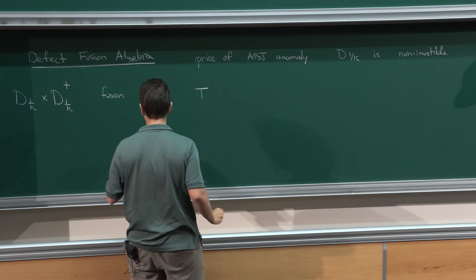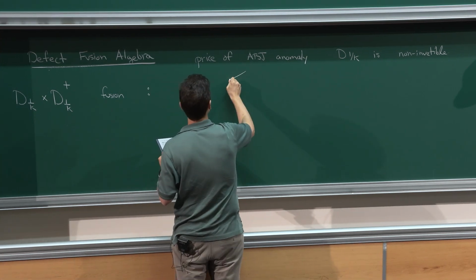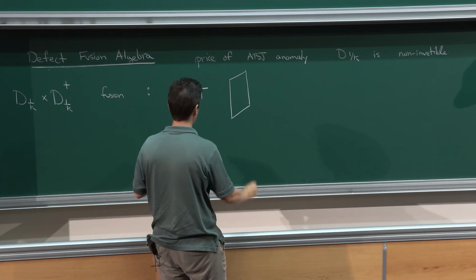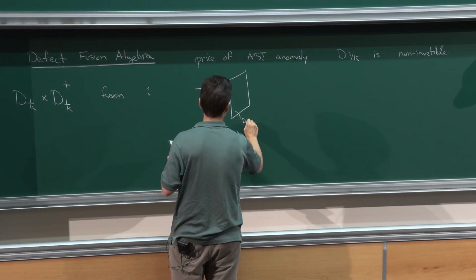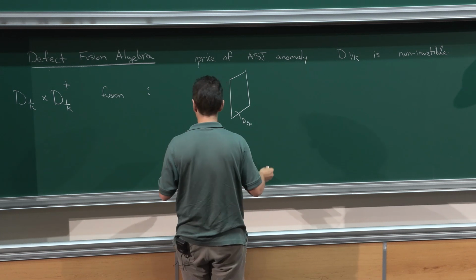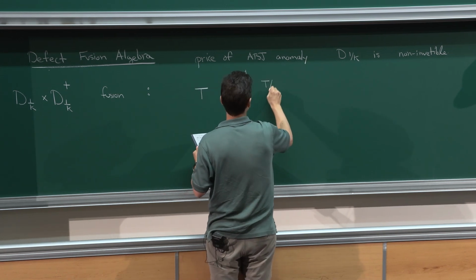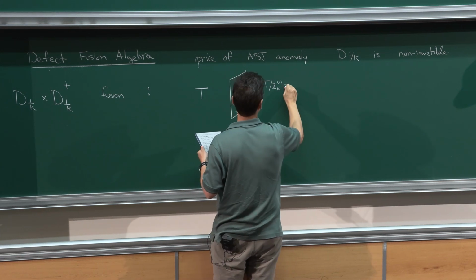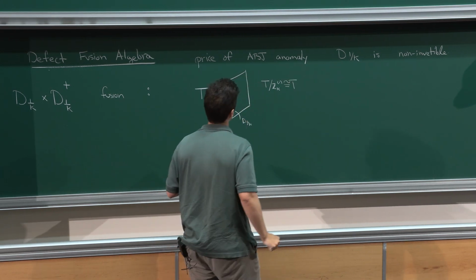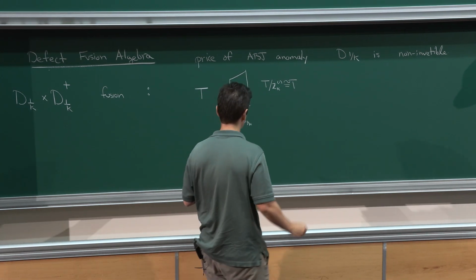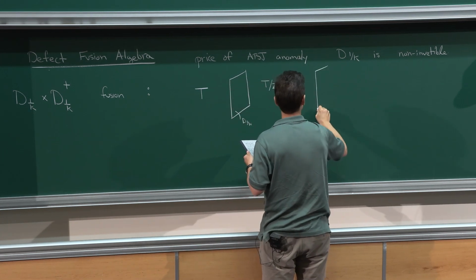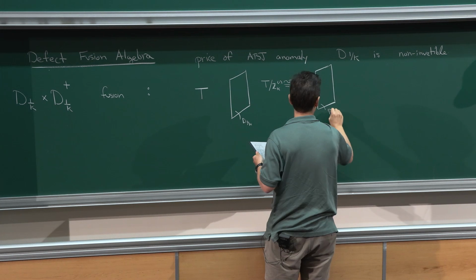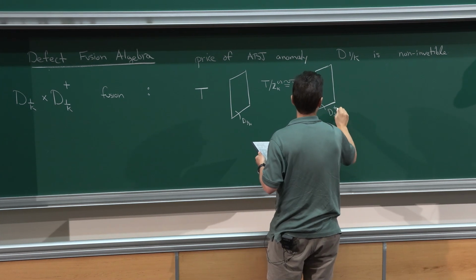So we have our theory T. I'm going to use the perspective in terms of gauging. Here's our D_{1/k}. Here's T, where we gauge the Z_K one-form symmetry. And here's the other duality defect, D_{1/k} dagger.